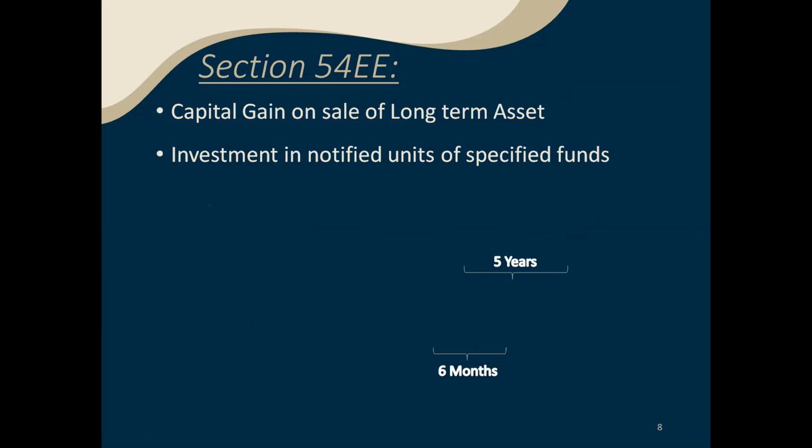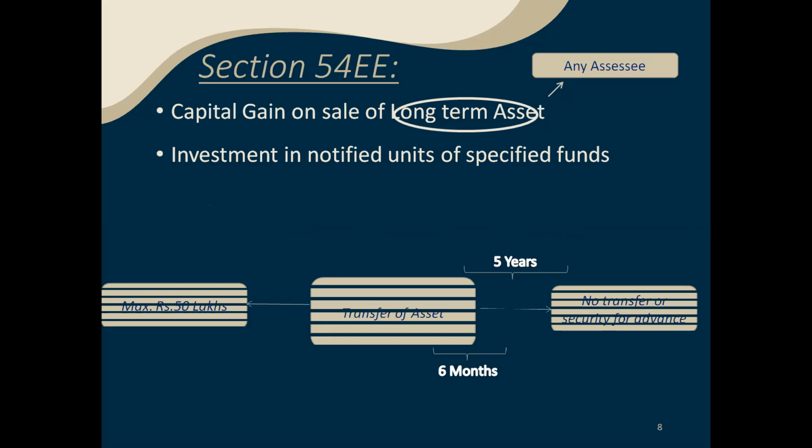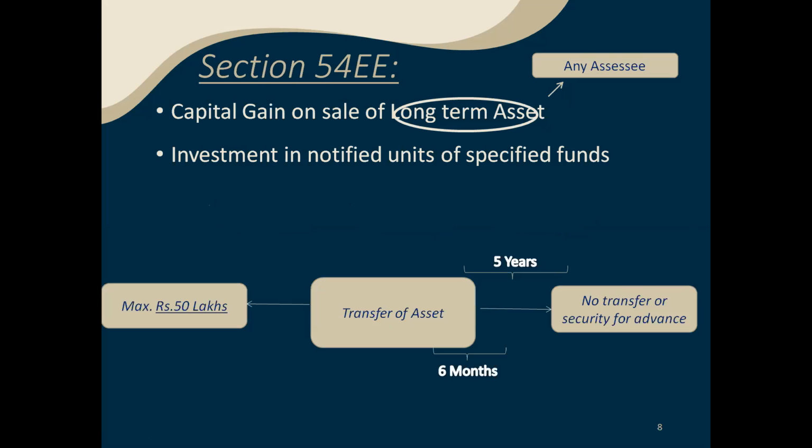This also deals with the purchase of notified bonds, and the conditions of 6 months, 50 lakhs and 5 years are all the same, and it is available for any assessee. So the only condition that is different between 54EC and 54EE is that 54EC is available only for sale of land, building or both. However, for 54EE, sale of any long-term asset is eligible.